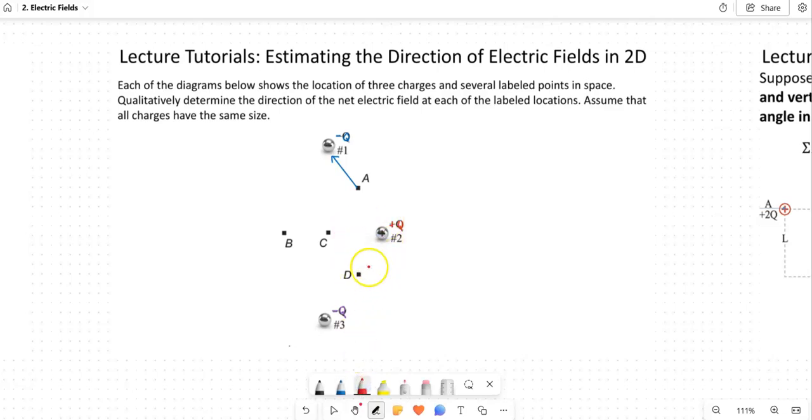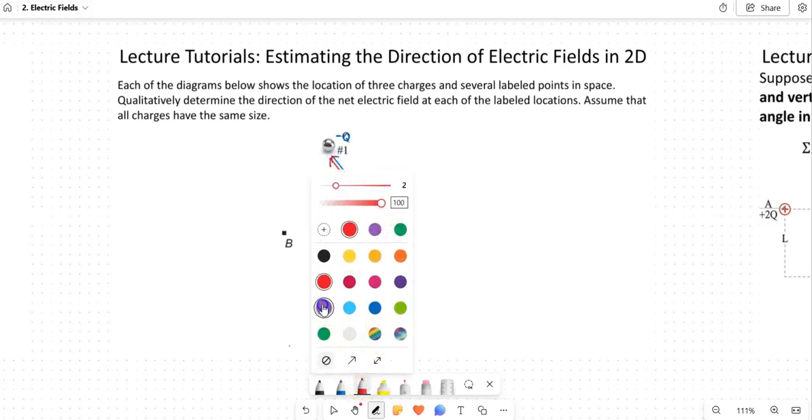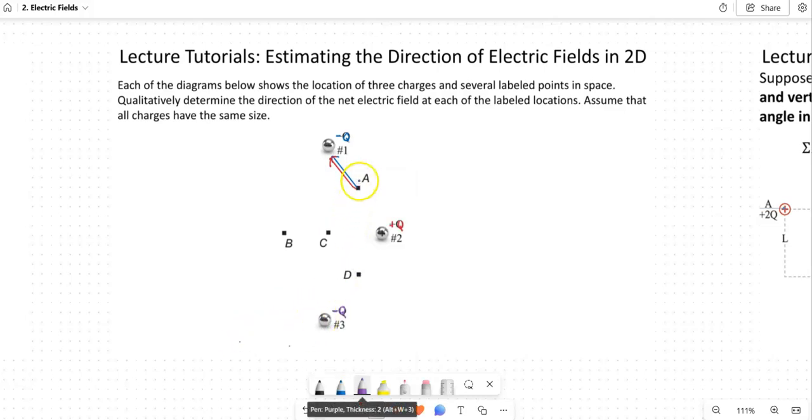This positive charge is creating an additional electric field in the same direction, and it'll be the same size too, because it's the same distance and same magnitude. Now we have a purple negative Q that is going to have an electric field pointed down towards it, and it'll be smaller.